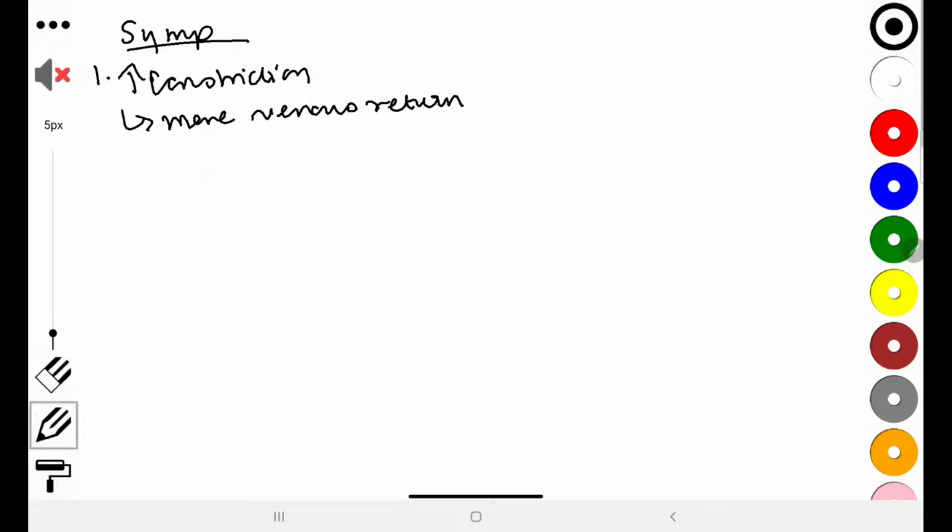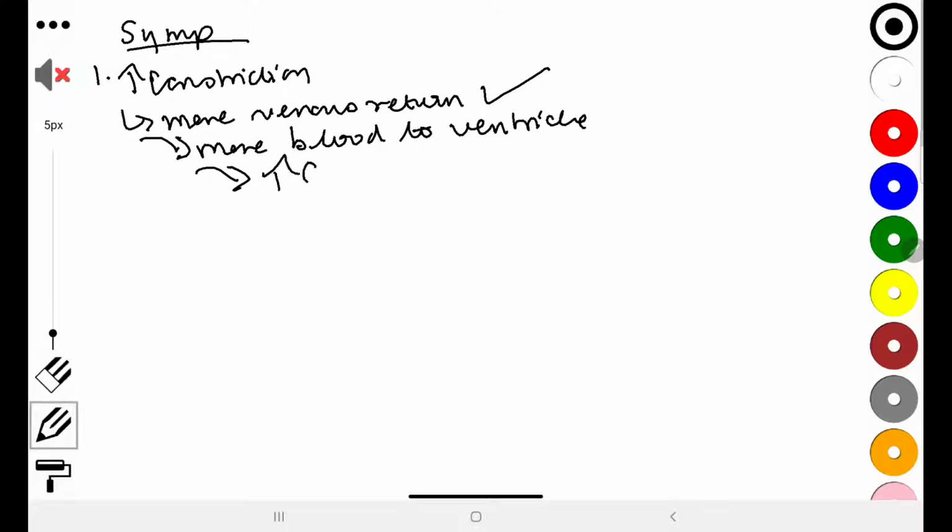More venous return is good. Why is it good? Because you have more blood to the ventricle, and if there's more blood to the ventricle, that means you have an increase in cardiac output. So this is a plus, okay? But that's just one of its effects.